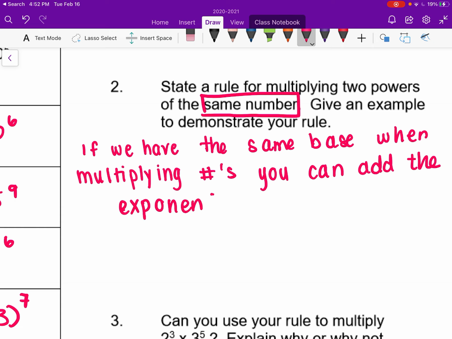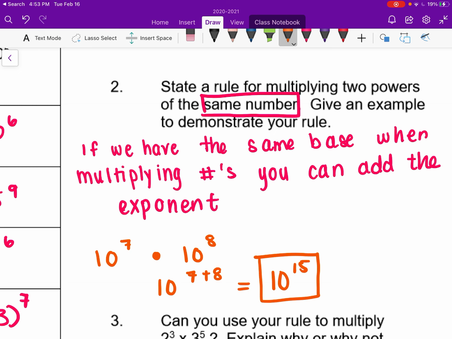So an example of this could be, say I have 10 to the power of 7 multiplied by 10 to the power of 8. I can just add the two exponents and say, okay, 7 plus 8 will give me 10 to the power of 15.